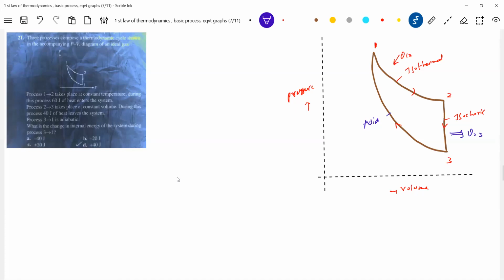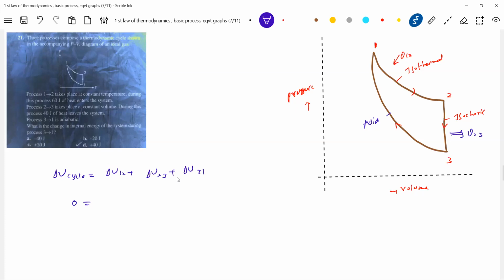So what should we calculate? How to calculate change in internal energy? I'll stick to the very simple conditions. What is delta U for the total cycle? Delta U12 plus delta U23 plus delta U31. This should be 0, no?